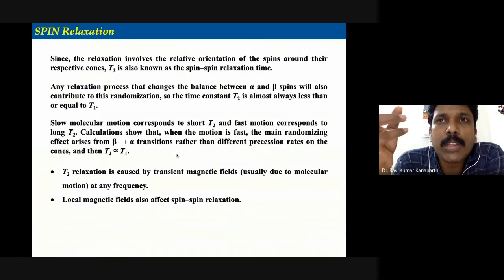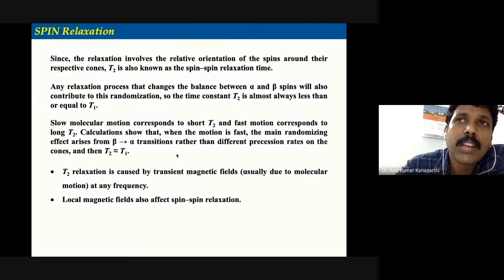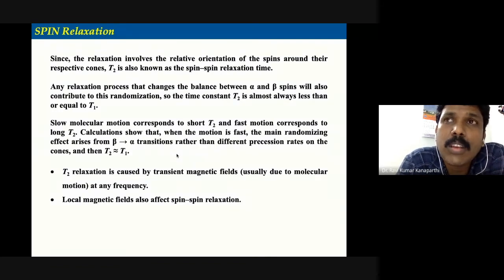And that slight variation is what we call magnetic inhomogeneity. Because of this bunchingness, as a bunch they are precessing together. This bunchingness will be there for a longer time, and naturally the randomization doesn't take place as we expect. So it will take relatively longer. So that is what it is.